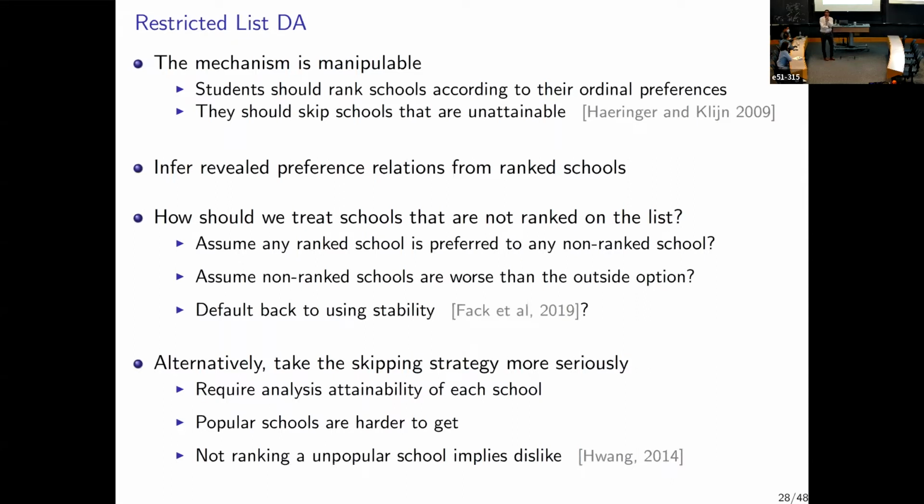If I make the assumption of stability, and they are not reporting the full list, then the resulting allocation may not be stable, and I may get the wrong answer. Exactly. Any other question?